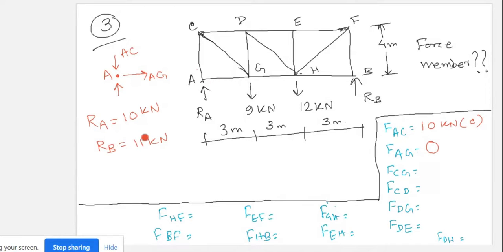So for the same reason, FBH should also be 0. FBH. Yes, very good. Sir, and FBF is 11 kilonewton compressive. BF 11 kilonewton compressive. Good.